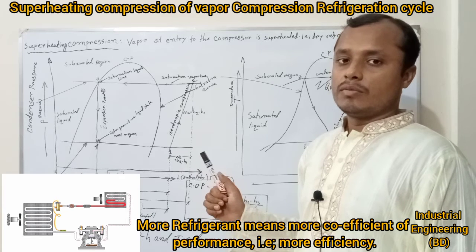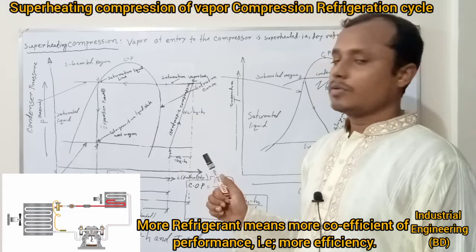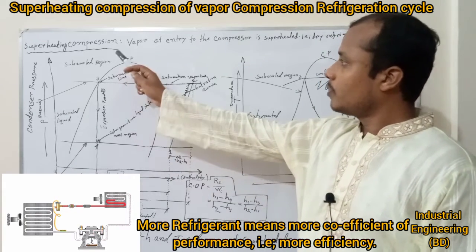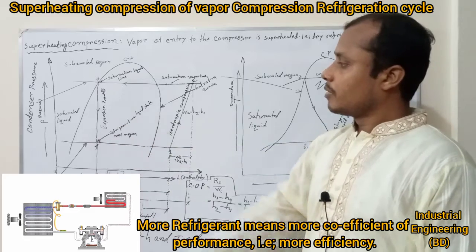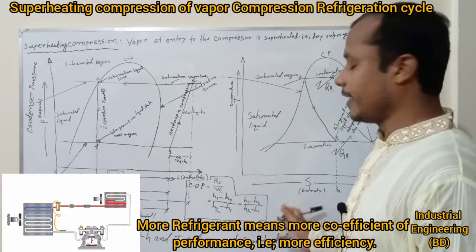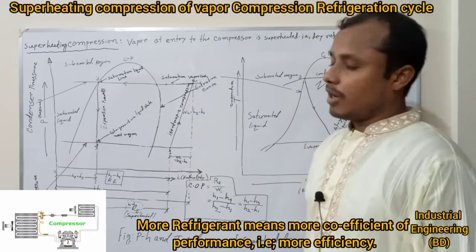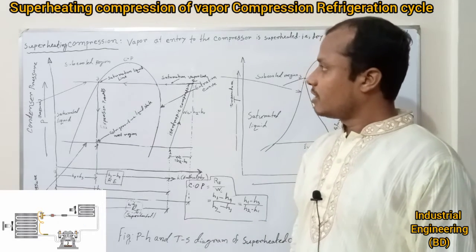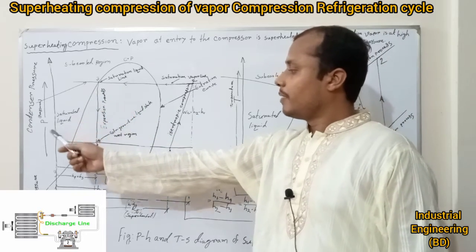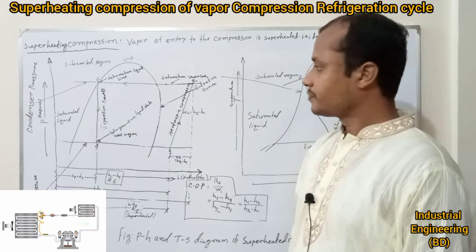So we should select it. I will discuss this superheating compression by the pressure-enthalpy and temperature-entropy diagrams. At first, I discuss this compression system by the pH diagram.